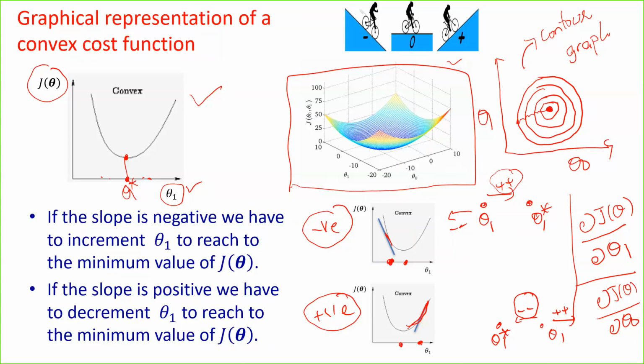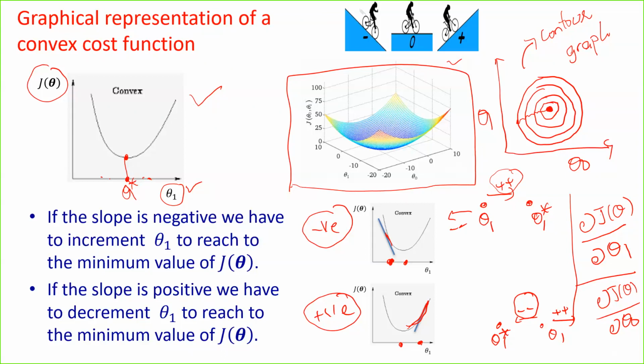All right. So far, is this clear? Sir, can that graph become concave? If it is a maximization problem, then it is concave. This is a minimization problem, right?